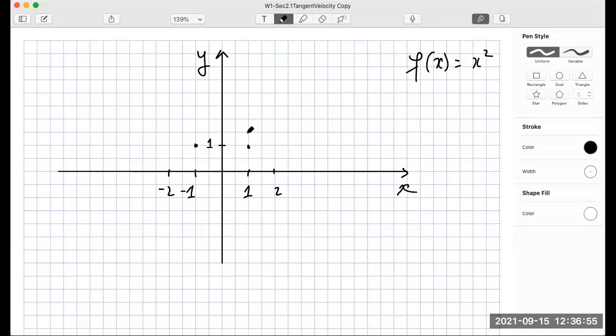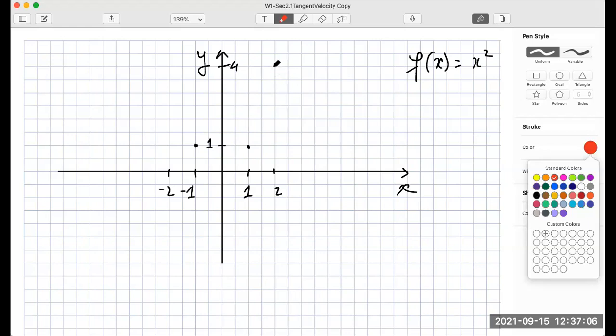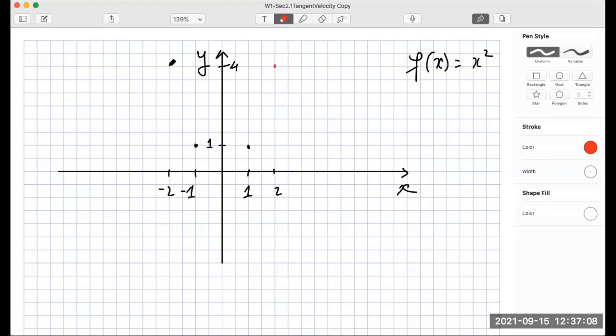When x is equal to 2, what is y? Yes, thank you. So therefore, it will go through this point and this point here. We connect all these. Then this is the graph of the function f of x.